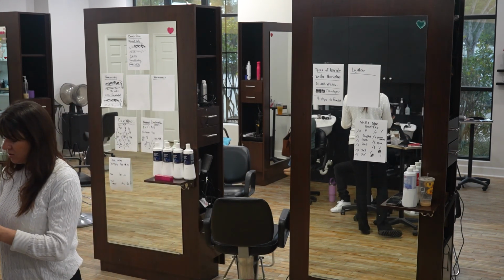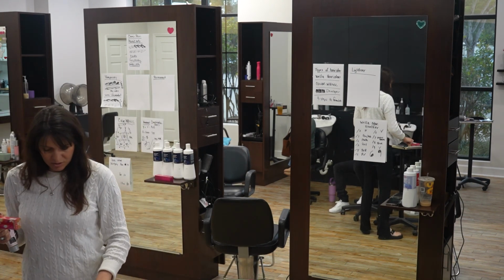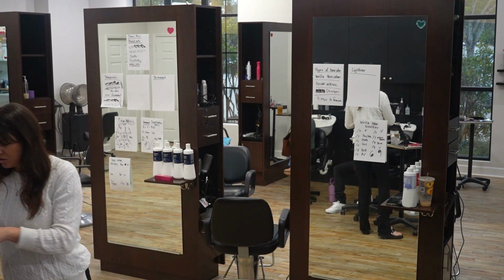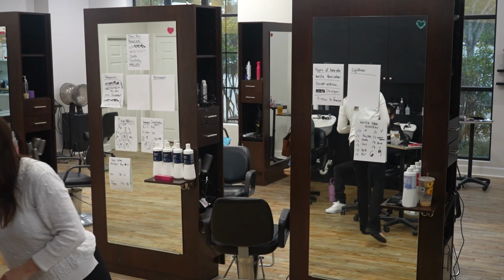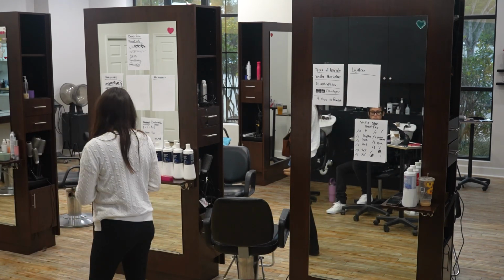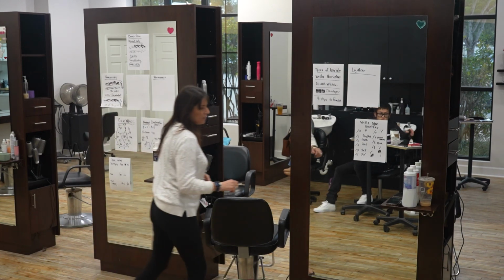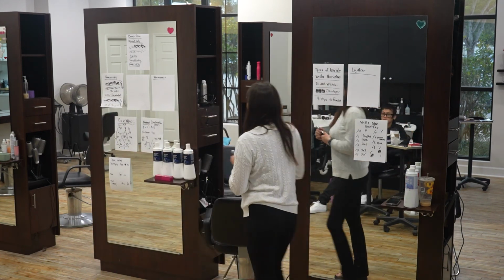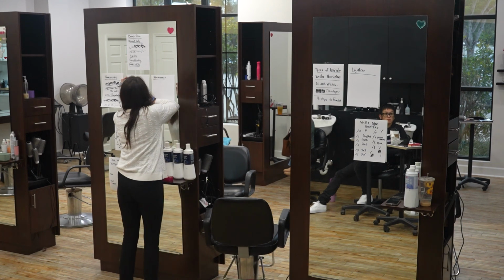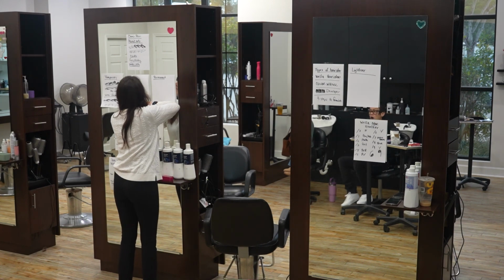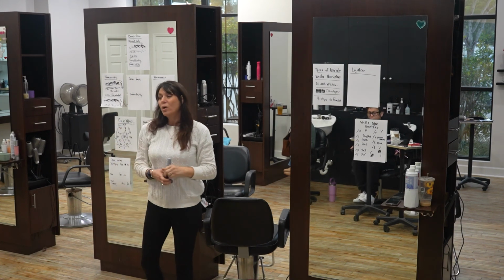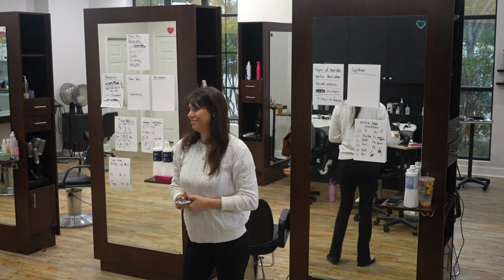Okay. So then you can see that it has the 1 to 2 somewhere on your box. So they mix differently, but those are both demi-permanent colors. So when you're writing a formula, it's important to write what type of color you're actually using.